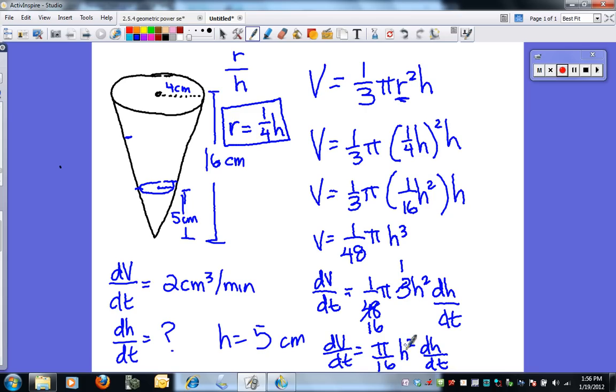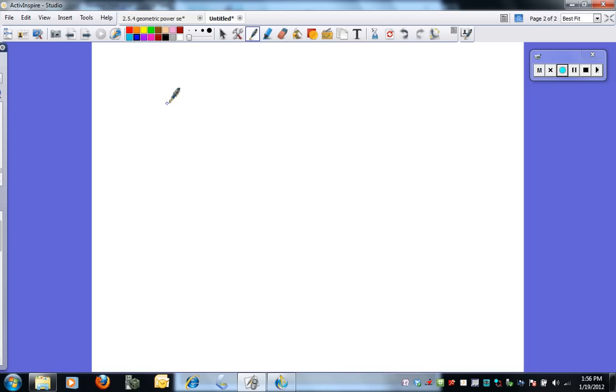Now, those are our derivatives. Our last step is to substitute and solve. I'm trying to find dh/dt. I have my h and I have my dV/dt, so it should be quite simple. So let's go to our next page. dV/dt is equal to pi over 16 h squared dh/dt.